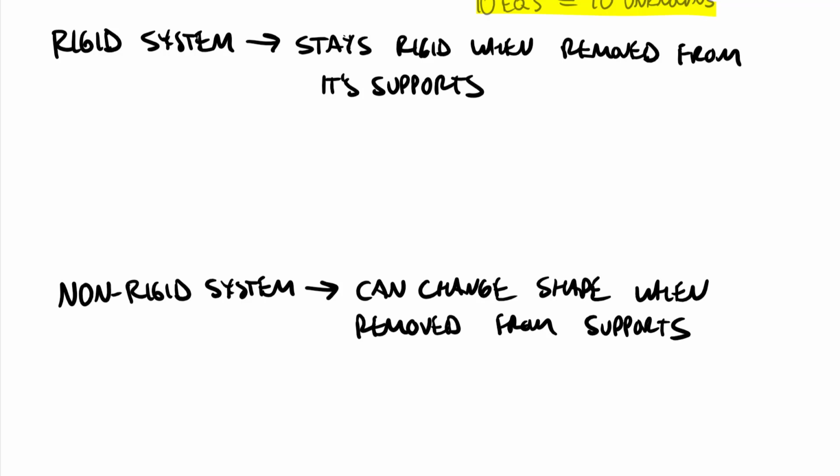You'll see in some textbooks, these are actually the definitions they end up using for frames and machines. Again, I don't get really heavily into those definitions because we treat them all generally the same way.